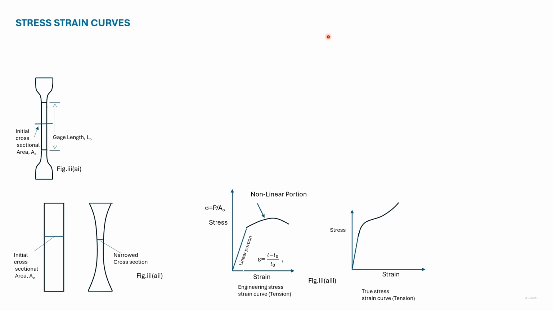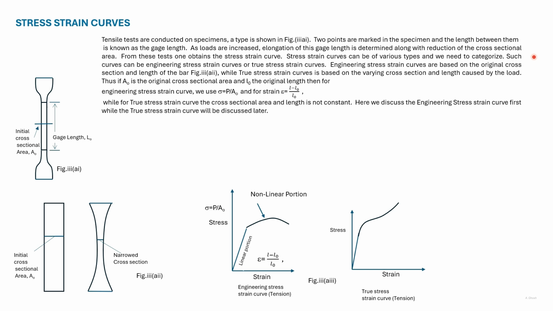At higher loads, as we enter the nonlinear portion, the reduction in the cross-sectional area is more pronounced. To start with, we differentiate stress-strain curves into two types: engineering stress-strain curves and true stress-strain curves.